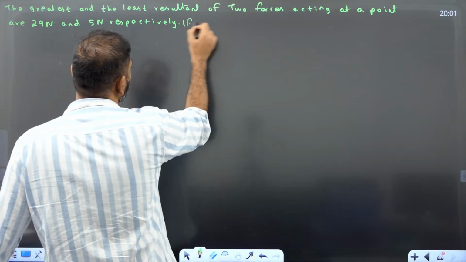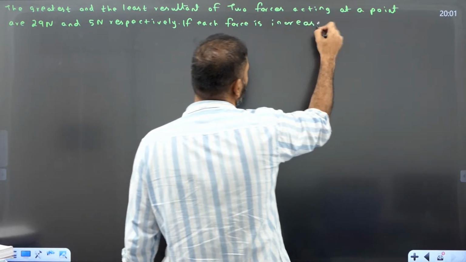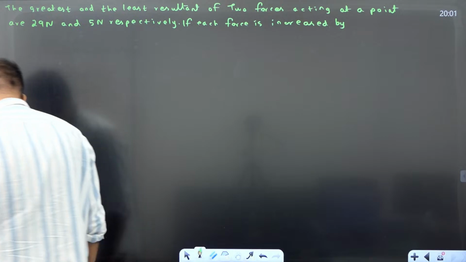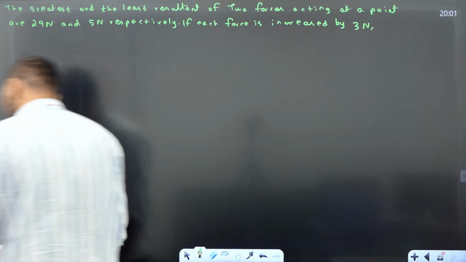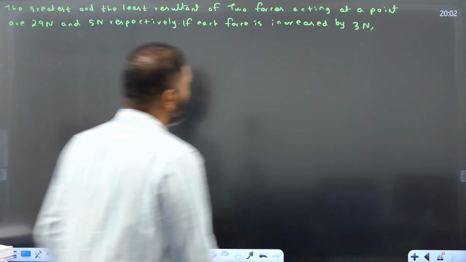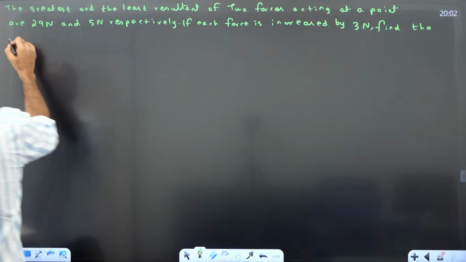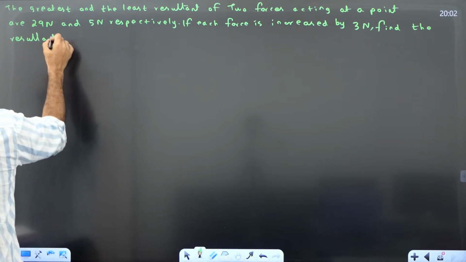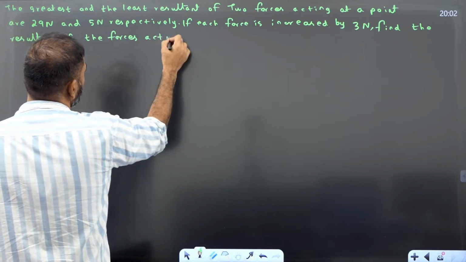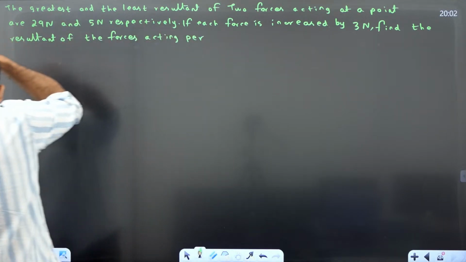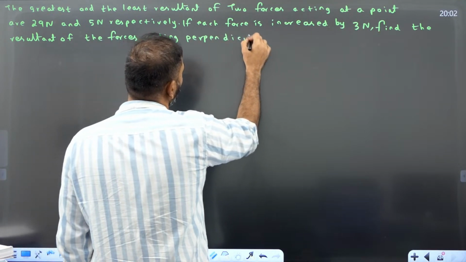If each force is increased by 3 Newton, find the resultant of the forces acting perpendicular to each other.